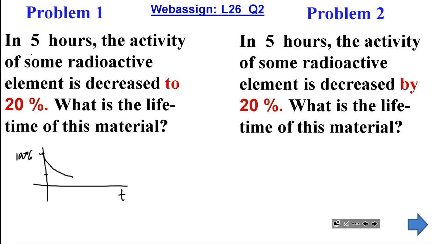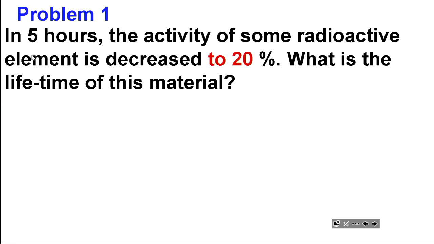And 20% means it stops here at 20%. And if we start from 100 and decrease by 20, we stop at 80%. That's the reason they are different. But also it means we have to solve them differently, of course.